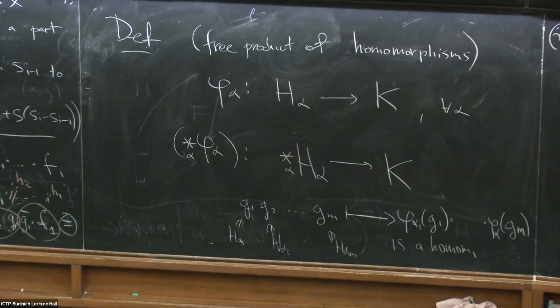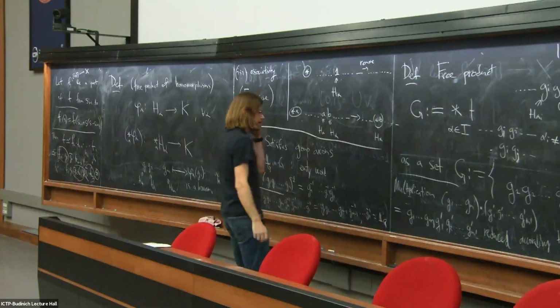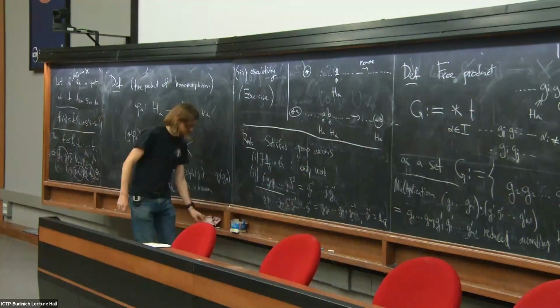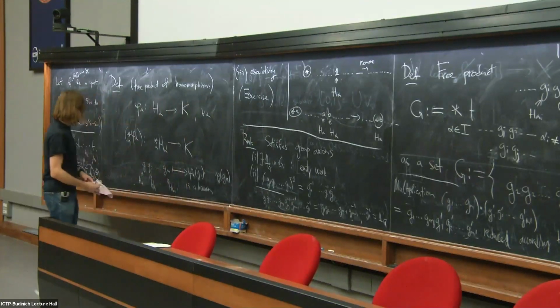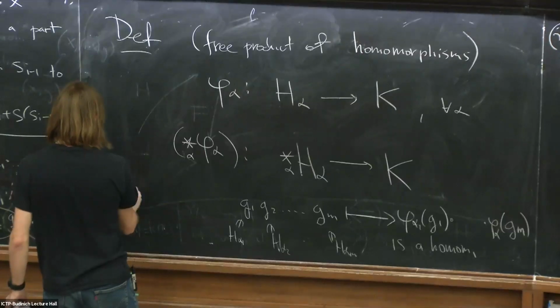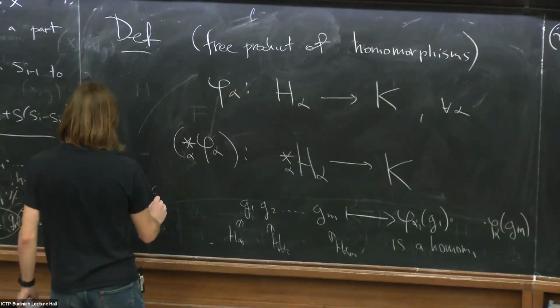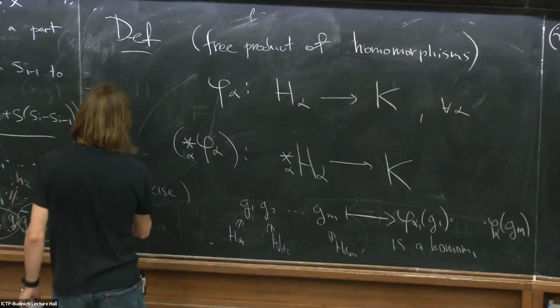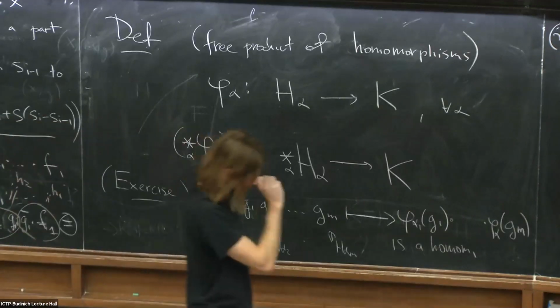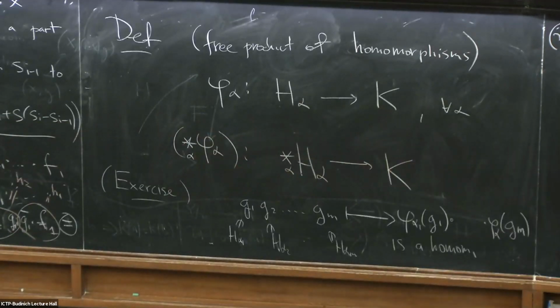And of course, since all individual phi_alphas were homomorphisms, this respects these rules, right? Again, I'm not showing this in explicit detail, but it should be pretty obvious. If it's not clear, you can ask me. Okay.